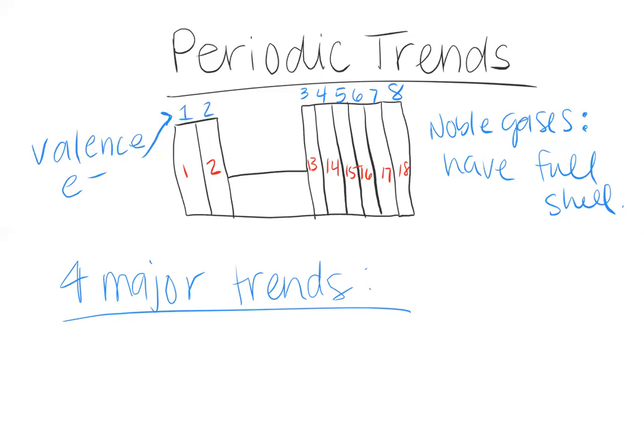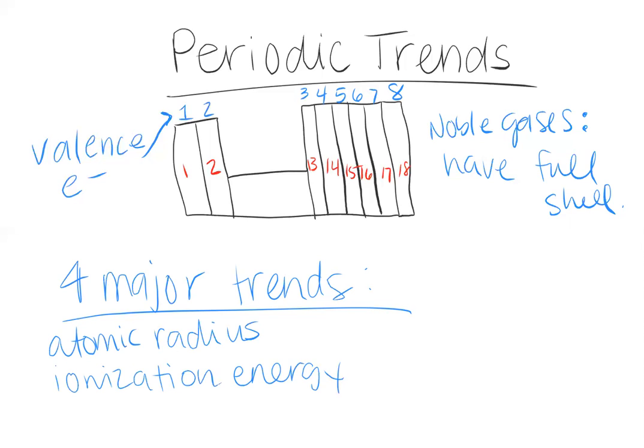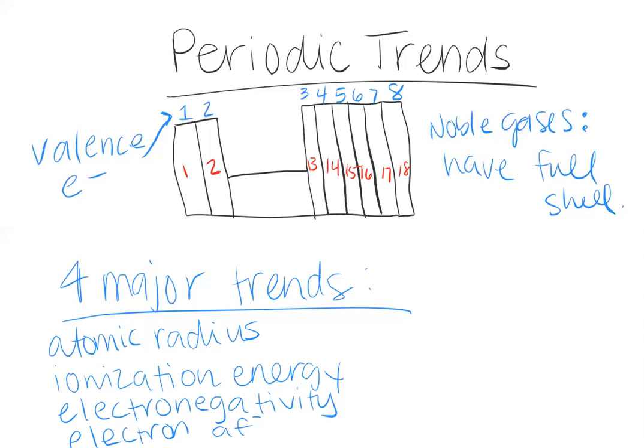They are atomic radius, ionization energy, electronegativity, and electron affinity. We are going to take a look at each of these individually as we go forward. So first of all, we have atomic radius.